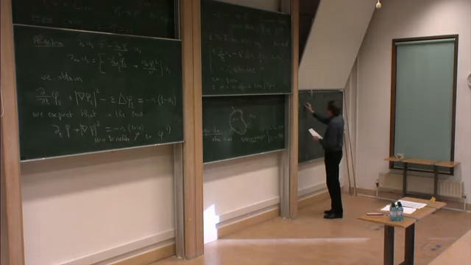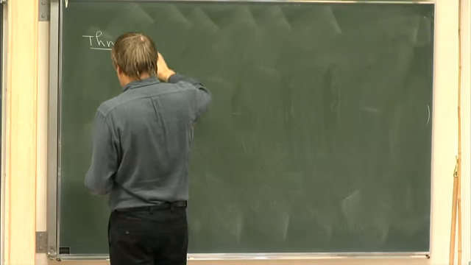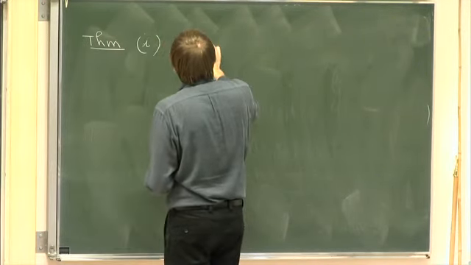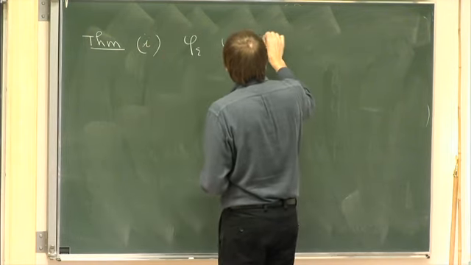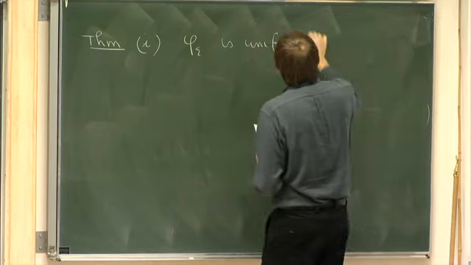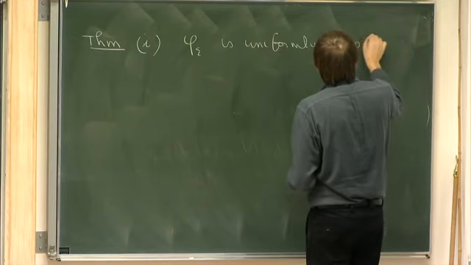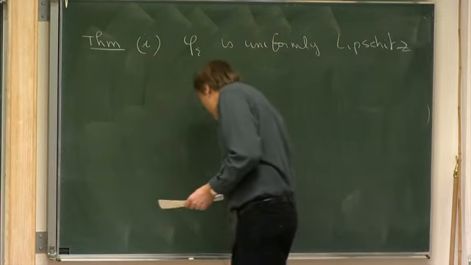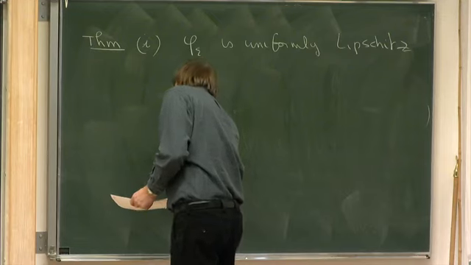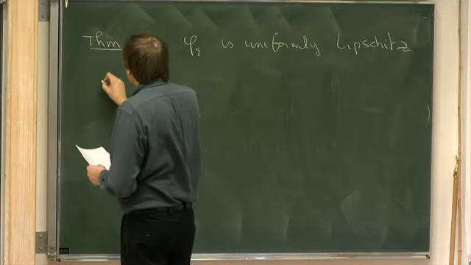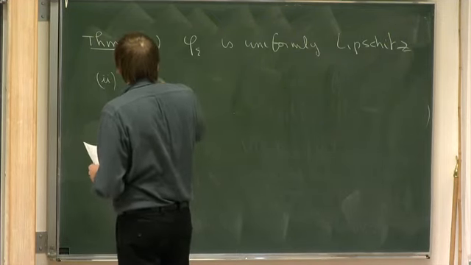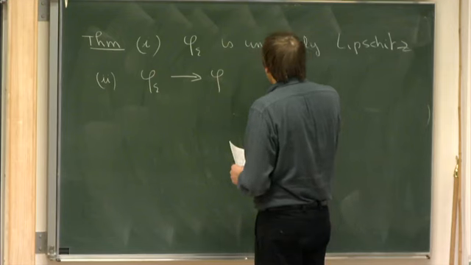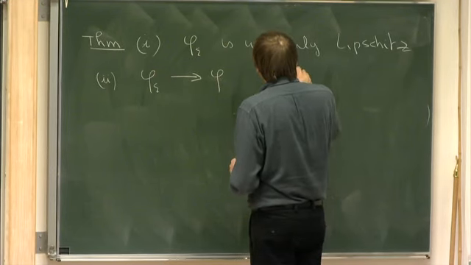The first statement is that phi epsilon is uniformly Lipschitz. The second statement is that phi epsilon converges to a certain phi locally uniformly.